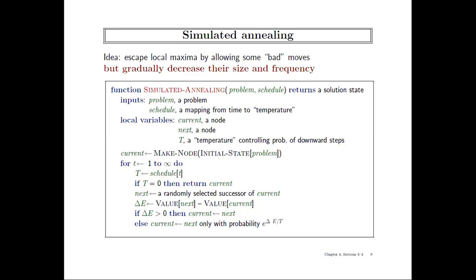Delta is a change: the value of next minus the value of current. If the value of next minus the value of current is greater than 0, then the current will become the next. Else, there is the probability of not accepting the value, but let's leave the probability over here and just talk about the comparison.